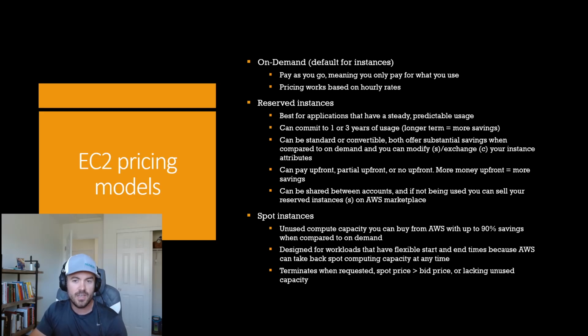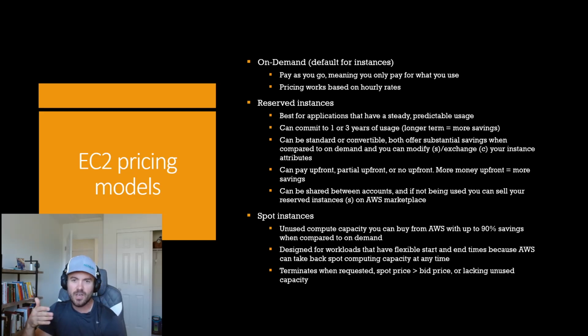You can pay either upfront, partial upfront, or no upfront. And of course, more money upfront is going to be more savings. You'll get the highest discount if you pay all upfront, and you won't have a monthly payment. But if you pay partial or no upfront, you'll have a monthly payment, with of course more upfront being a lower monthly payment.